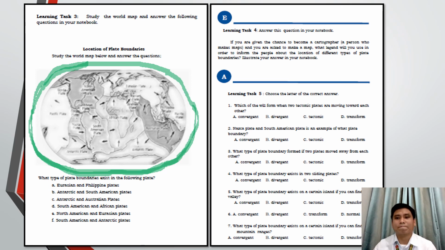So that is what we will use, intermediate pad or bond paper only, not the notebook. Okay, so that's it, all of the learning tasks intended for the week.